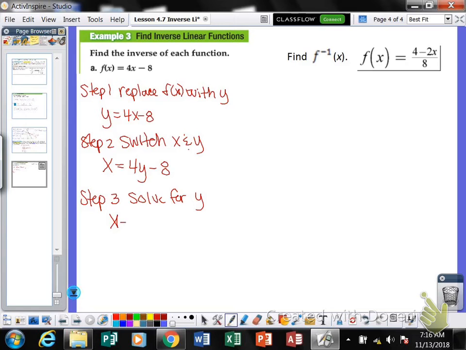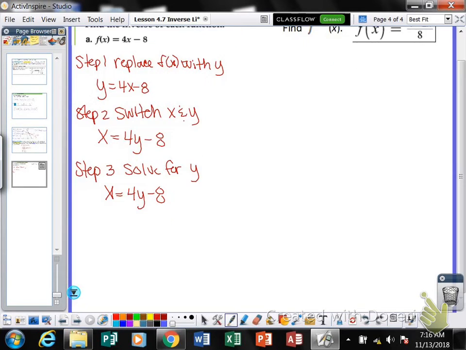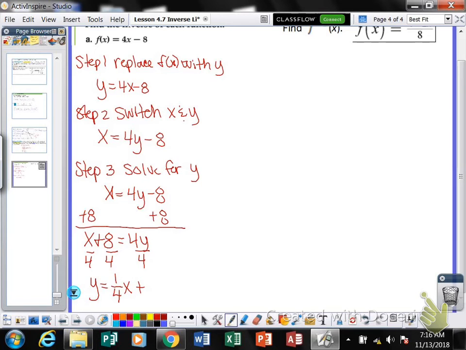So we have x equals 4y minus 8. So I'm going to solve for y now. I'm going to add 8 to both sides. I get x plus 8 equals 4y. I'm going to divide everything by 4. And just because I like my y on the left-hand side, that's just me, I'm going to rewrite this as y equals 1/4 x, because x over 4 is the same as 1/4 x, plus 2, because 8 divided by 4 is 2.